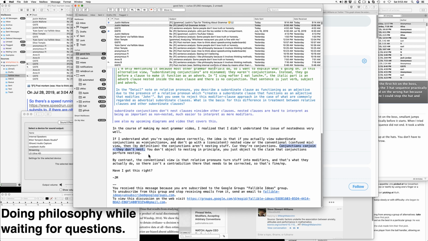That is my opinion. People seem to blur, literally, the definition of conjunction. But the distinction I've decided on that I think makes sense is if it's doing nesting, that's not a conjunction. A conjunction goes between two things or more and joins them.